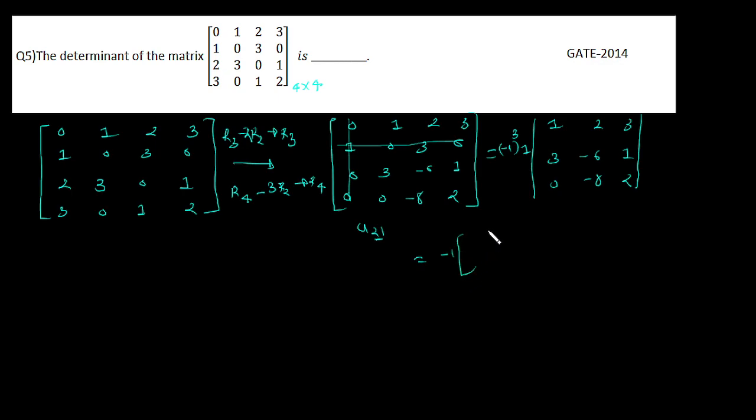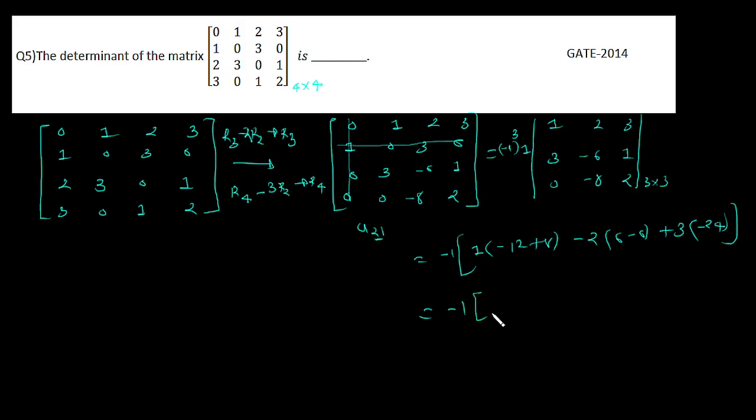Now let's find the determinant of this 3 cross 3 matrix. Here 1 as it is, we have minus 12 plus 8 minus 2, and here we have 6 minus 0 plus 3 multiplied by minus 24.